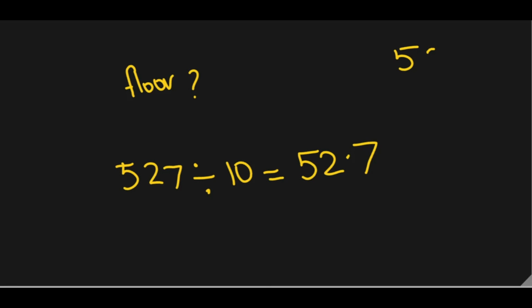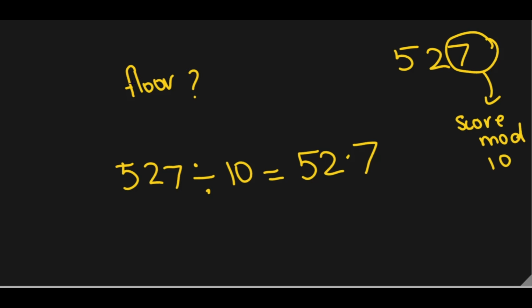So remember, if our score is equal to 527, this 7, we know how to show it in the custom score display, because we can do score mod 10, okay, right? But what about the tens digit or the hundreds digit? So let's focus on the tens digit first, that 527 divided by 10 is equal to 52.7, and I want to get rid of the digit or digits coming after the decimal point.